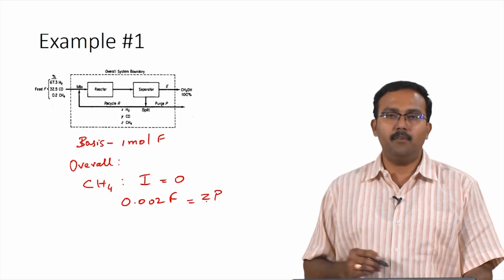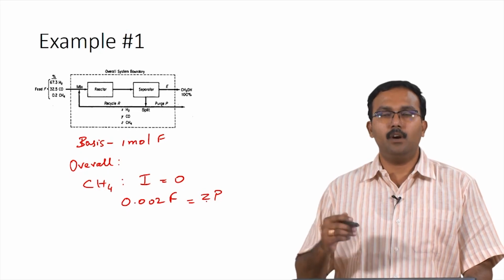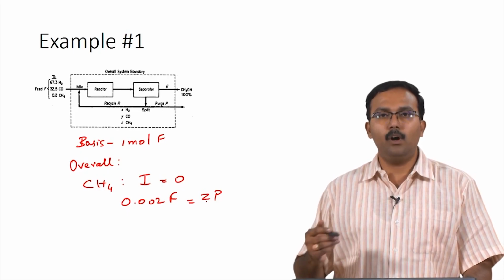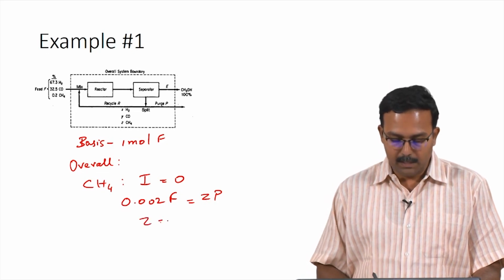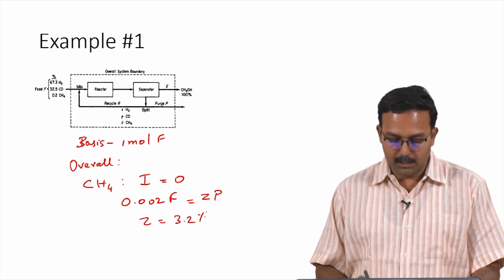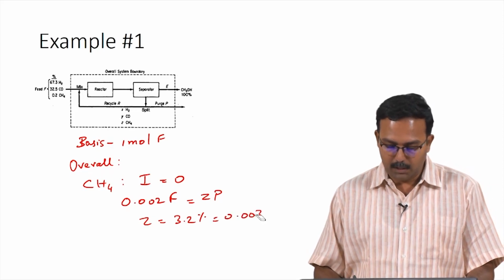Another piece of information we have from the problem is that we do not want the concentration of methane to go beyond 3.2%. So this means Z would be maintained at 3.2%, which is equal to 0.032.